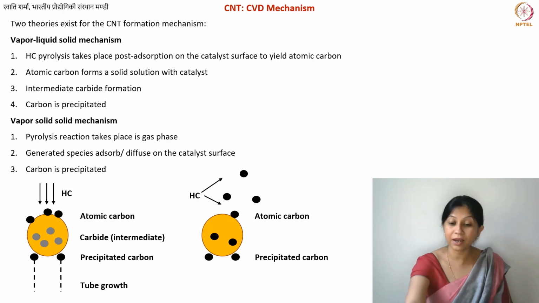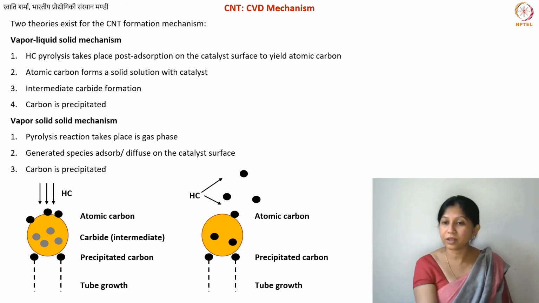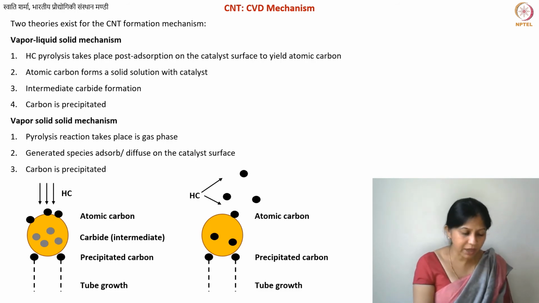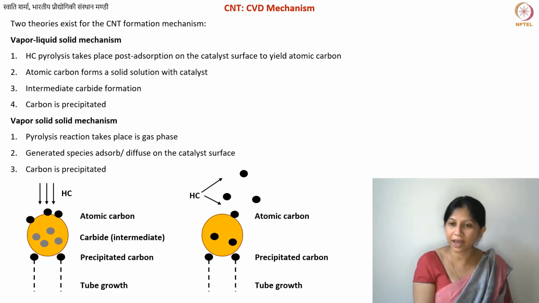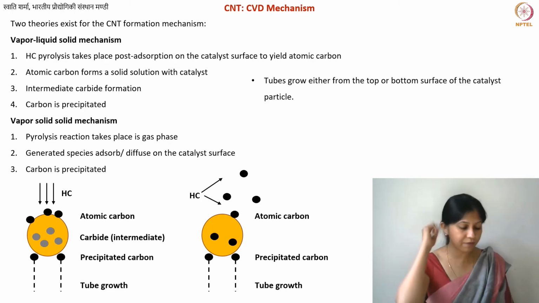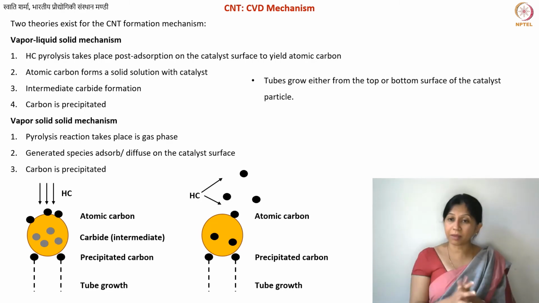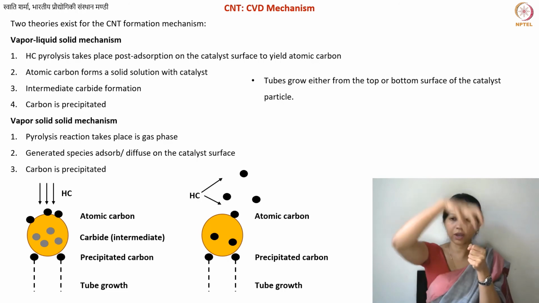So this is the second proposed mechanism, and of course the tube growth mechanism remains the same, whether the tubes grow on top of the catalyst or below the catalyst. That is also an interesting thing. In fact, I have not shown an image. There is a very popular image where you can see that there is a catalyst particle and the tube is growing on top of it.